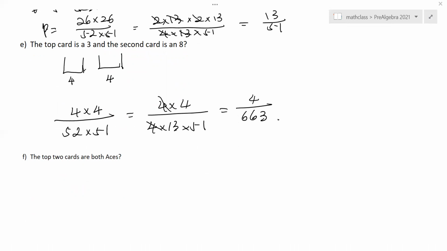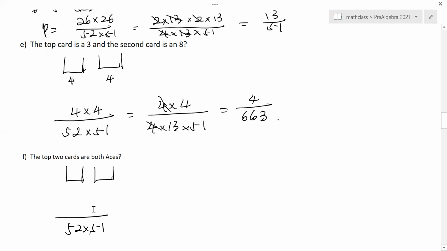We want to get an S, and there are only 4 S's there. The denominator is 52 times 51, because you're going to take 2 cards without replacement, one by one.